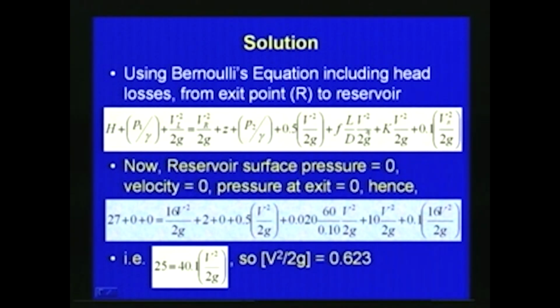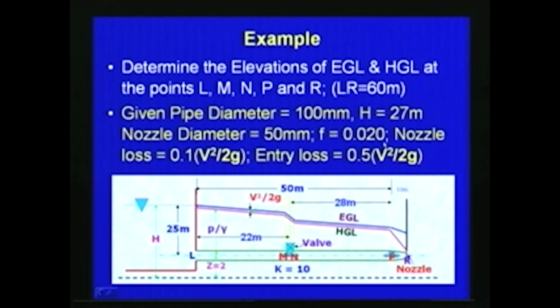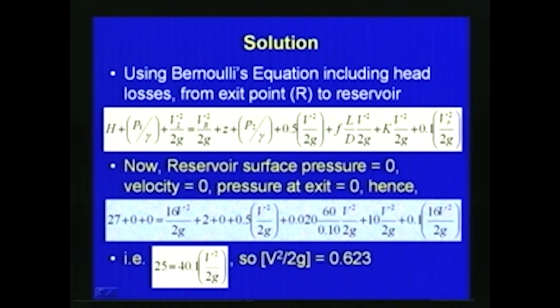So, FL V square by 2GD, where D is 0.1, the pipe diameter, plus K V square by 2G, where K is given as 10. Then the nozzle loss is 0.1 V square by 2G, and with respect to the nozzle diameter it is 16 V square by 2G, so 0.1 into 16 V square by 2G.